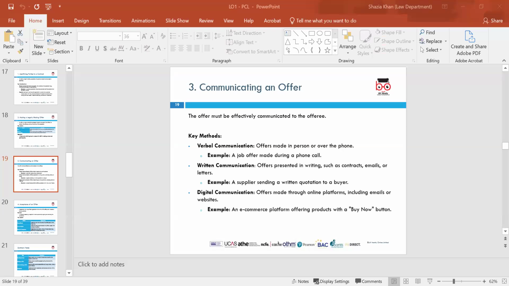The offer can be dispatched through any form of communication, and key methods are things like verbal communication, written communication, digital communication, or word of mouth as well. These are the elements and key methods used to communicate an offer and accept it.